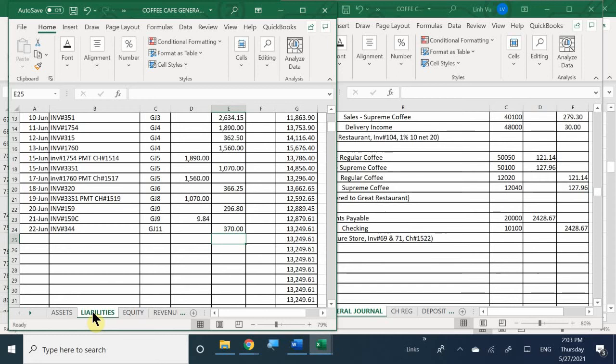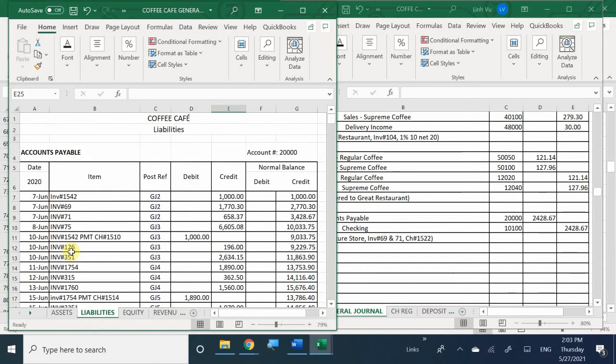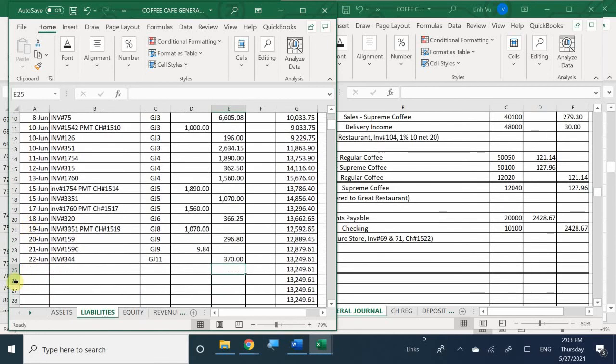Which account? Oh, accounts payable. Okay, so liabilities, accounts payable. Here we are. Why is everything turning bold?